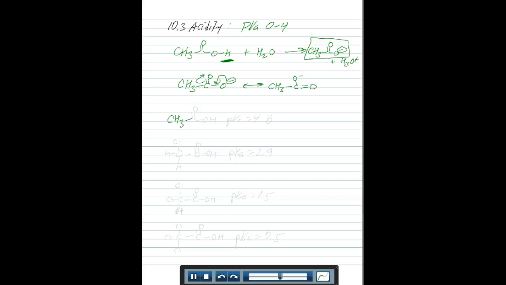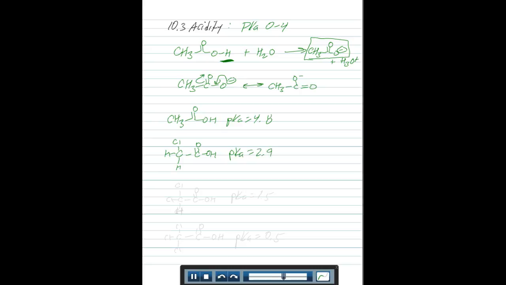Just to give you an example, let's say we take acetic acid, which has a pKa of roughly 4.8. If you replace one of these hydrogens with a chlorine, you now add electronegativity. And the chlorine withdraws electrons away from the oxygen, which stabilizes that negative charge even more, which now gives a pKa of 2.9.